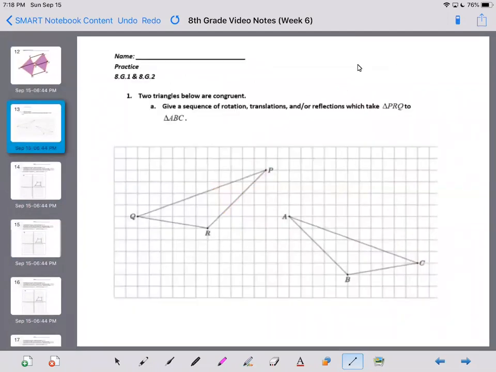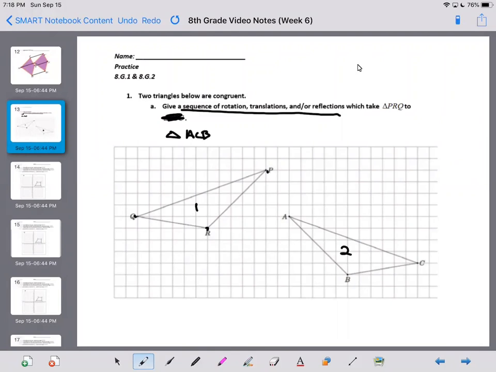So in this practice, you have several different methods. I want to give a sequence of rotations, translations, and/or reflections that will take this first one and line it up to this second one. If I'm going to label it PRQ, then I need to label it triangle ABC, and I have a misprint there.